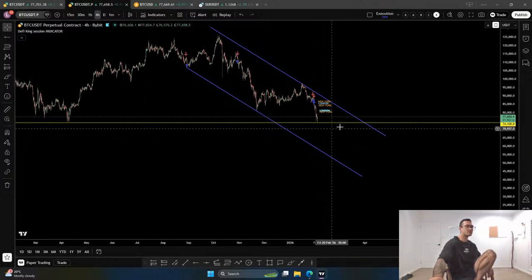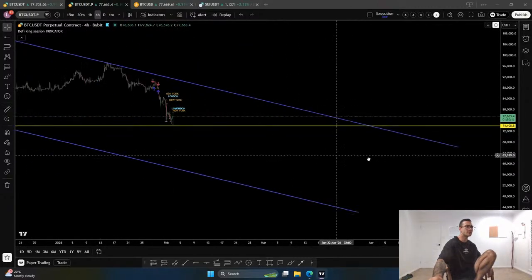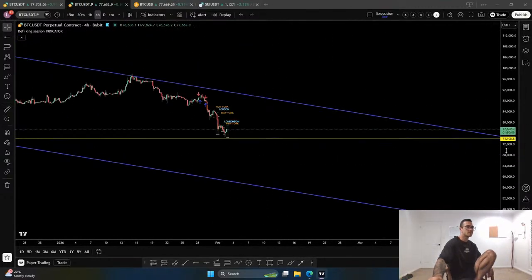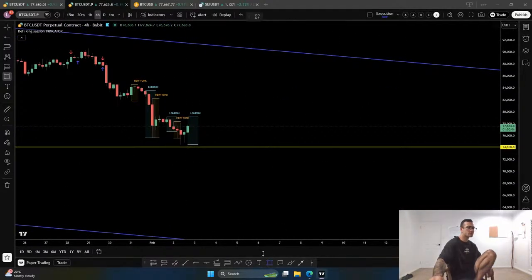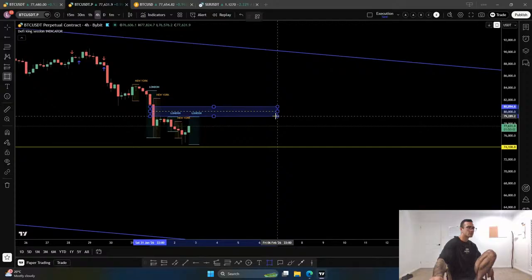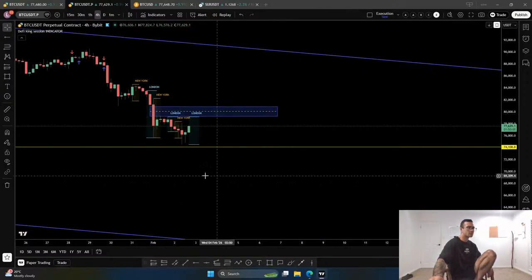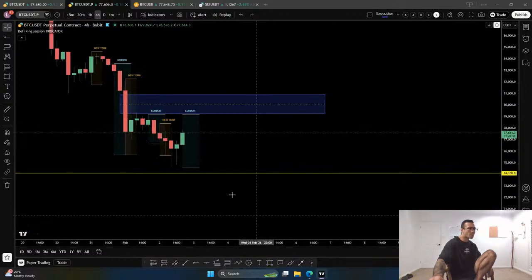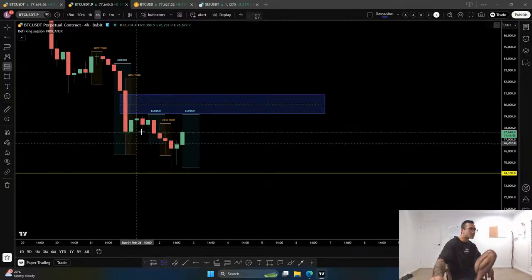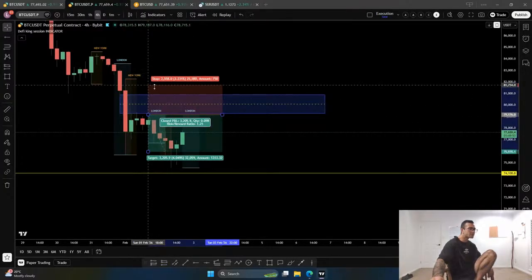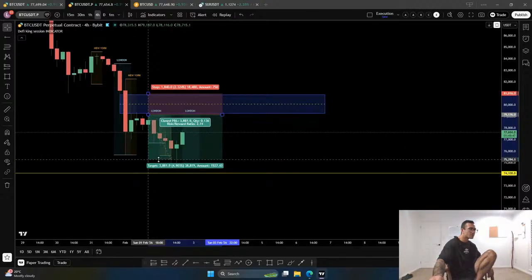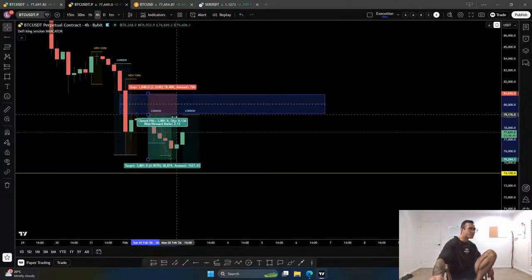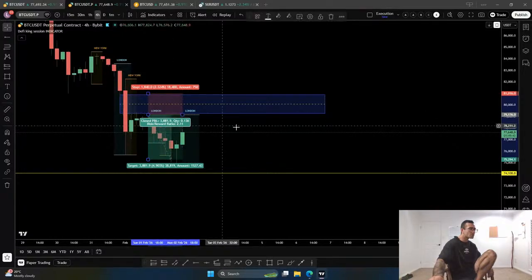So we could potentially bounce. What am I looking at right now? So we've had a bounce. 2 to 1. All right, well, it's already done that move. Cool.